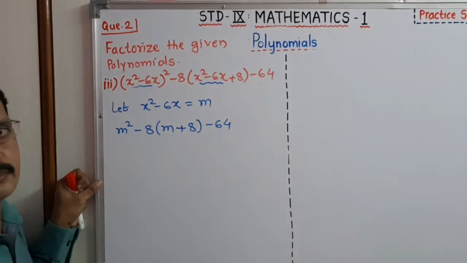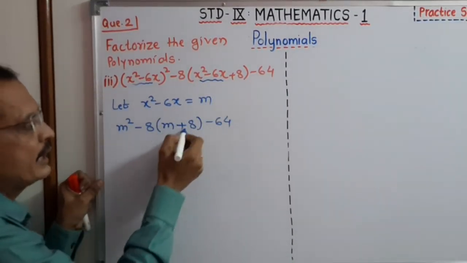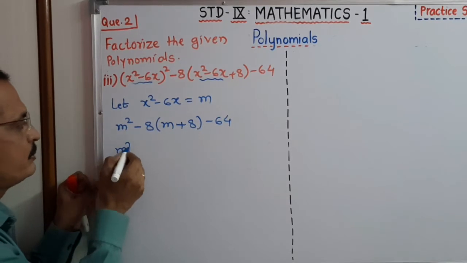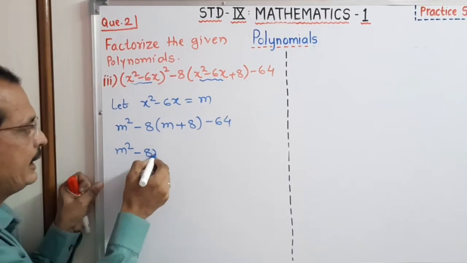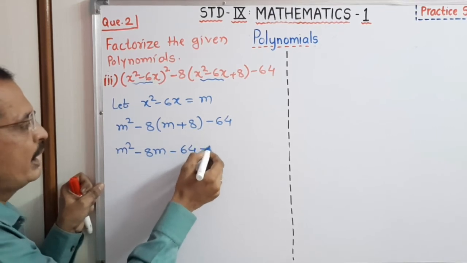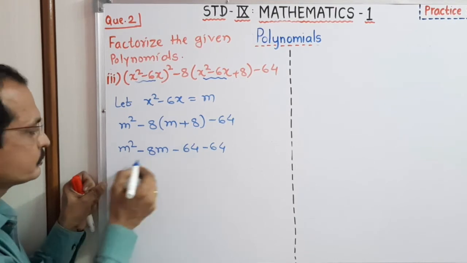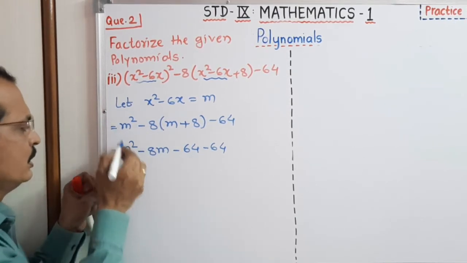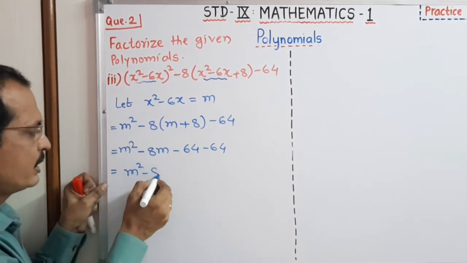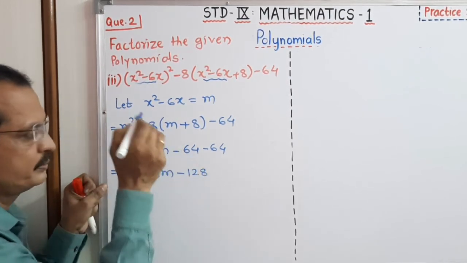Any doubt? Here x square minus 6x is m and this 8 as it is. Therefore m square minus 8m minus 64 minus 64. 8 8s are 64. Therefore dear student, here m square minus 8m minus 128.